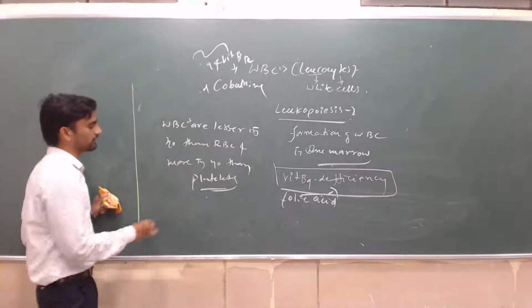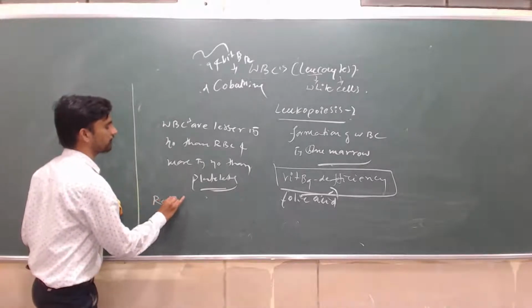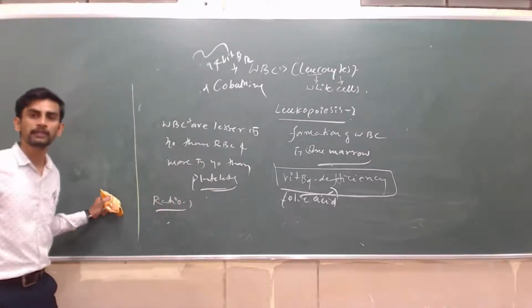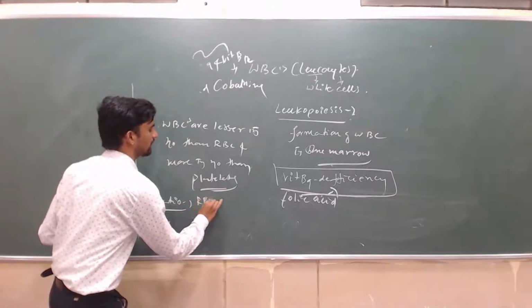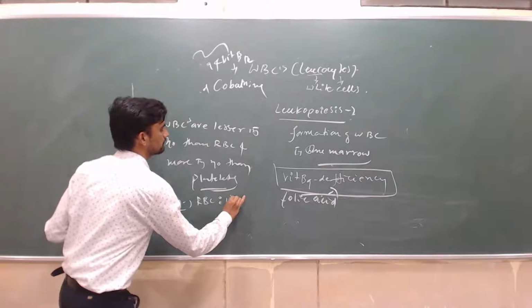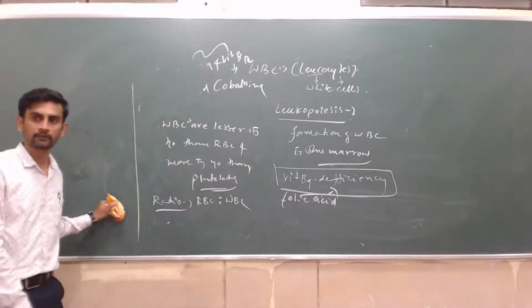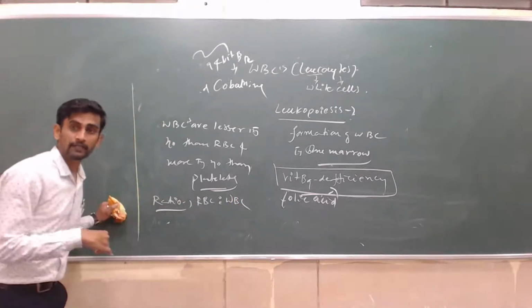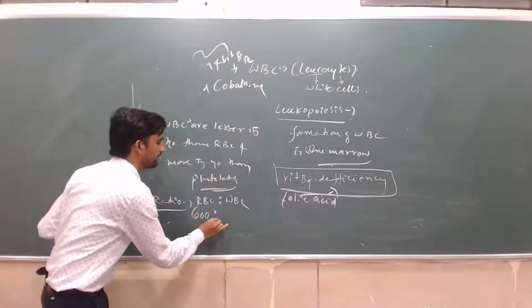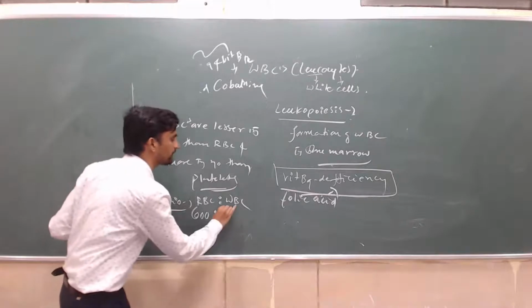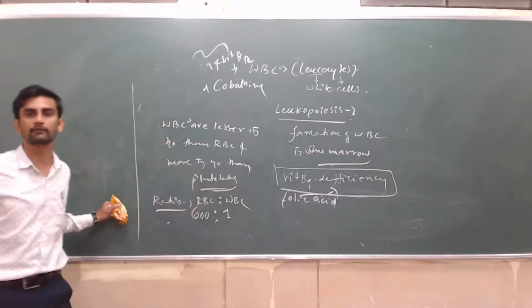And one more important thing you have to remember, when you come across the ratio, you can consider RBC, WBC. In our blood, if you count in 1 ml or something, 600 RBCs are there, and out of that 1 WBC you will find.